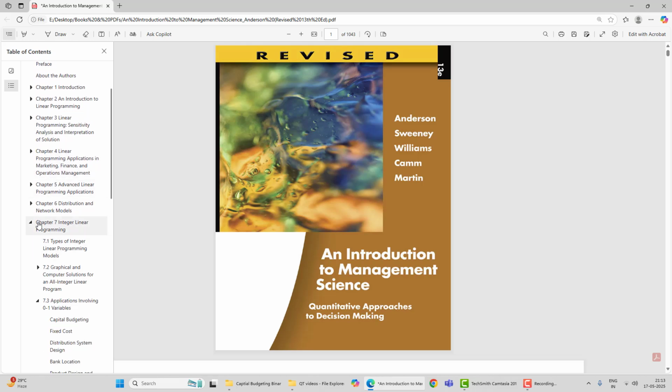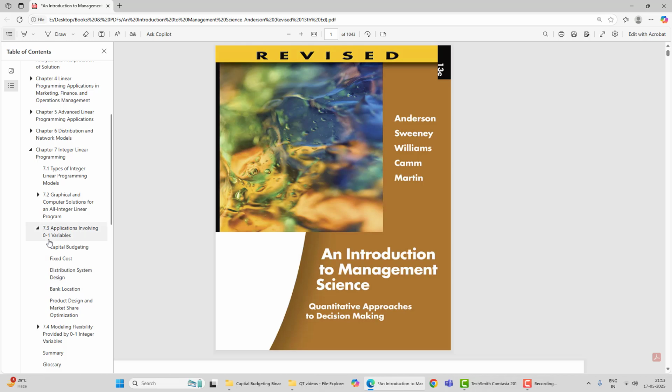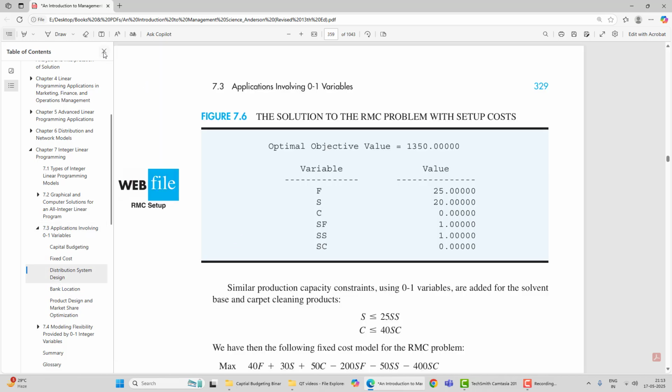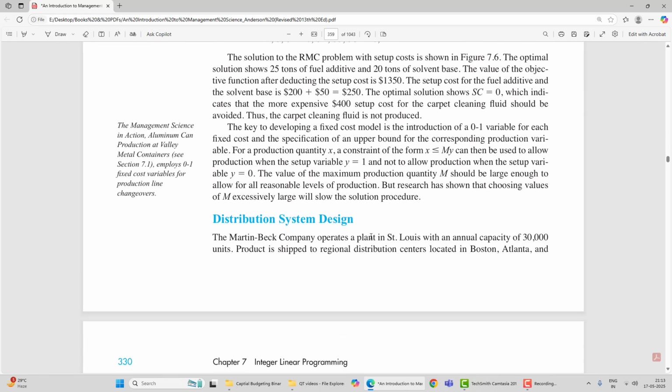It is again in chapter 7, and you will see here under 7.3 application of 0-1 variables, distribution system design. Okay, now in distribution system design, you will also find my another video which is transportation and transshipment type. There we try to minimize the total overall transportation cost.